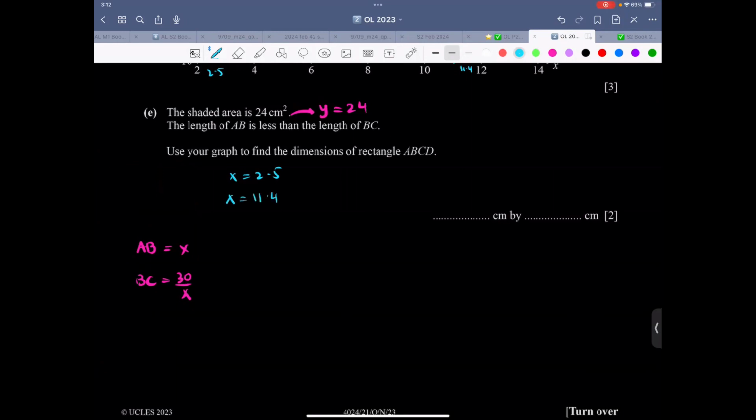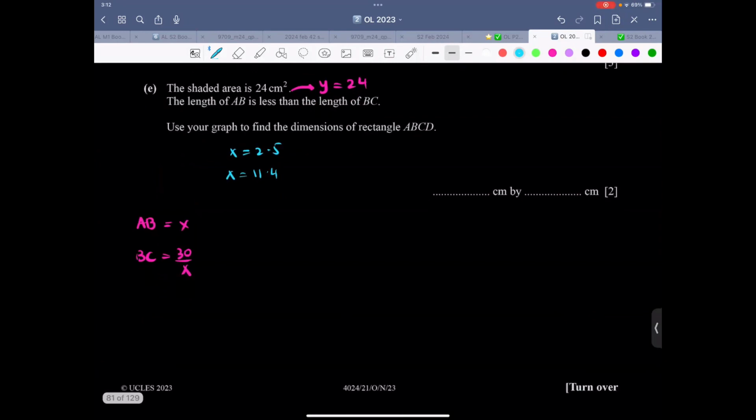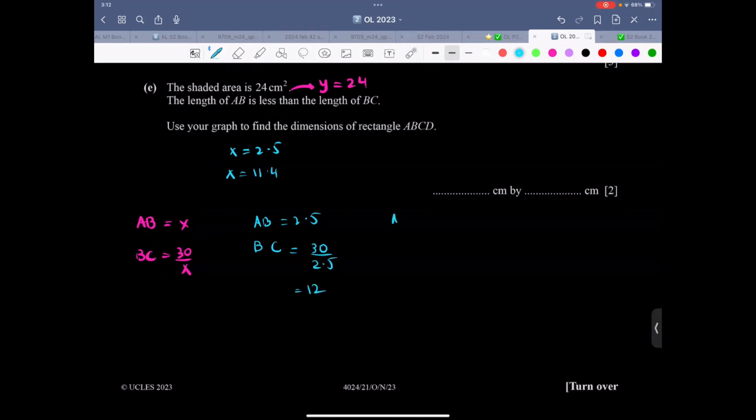Now the issue is which one is which? So if I choose AB to be 2.5, then BC will be 30 over 2.5. So that is 12. If I choose AB to be 11.4, therefore BC should be 30 over 11.4.